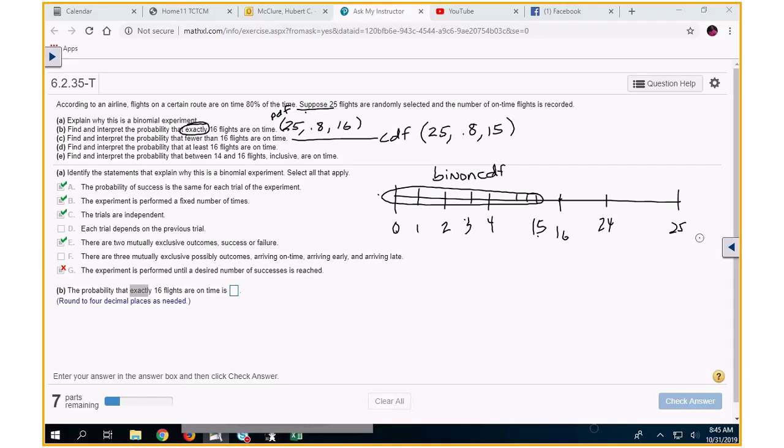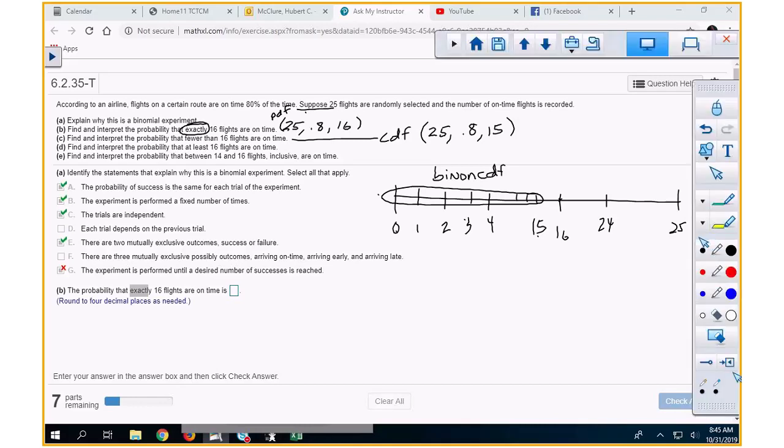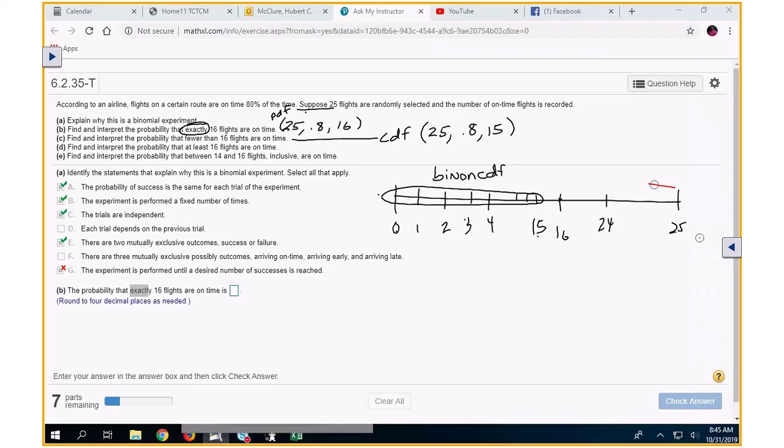Now what does at least 16 mean? Okay, that would be 16 or more, at least 16. So how would you do that? Use the what?